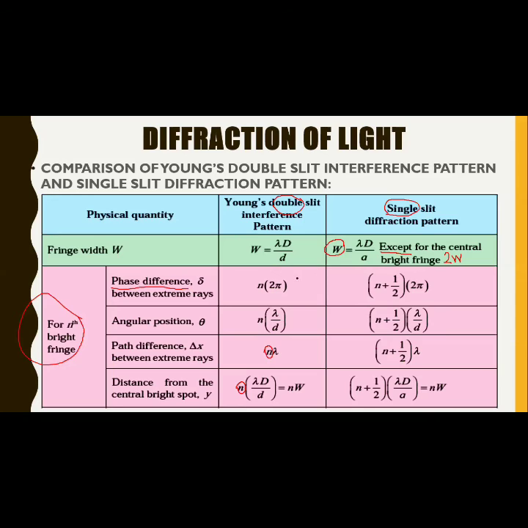So again, this is for your benefit. Even if you remember everything from this particular column, simply substitute n with n plus half, except over here, and you will be able to get all the formulae for the diffraction pattern.